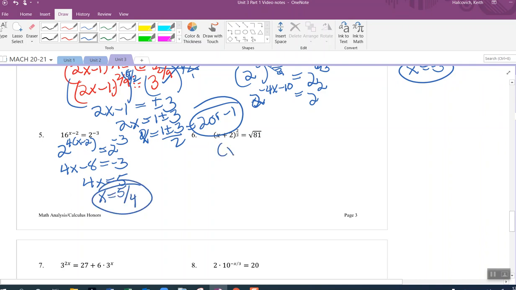And then here we have x plus 2 to the 2/3 equals 9 to the 1/2, equals 81 to the 1/2, which is 9.